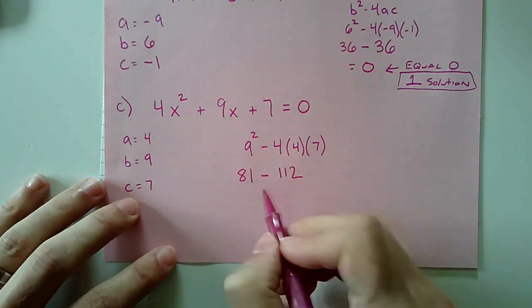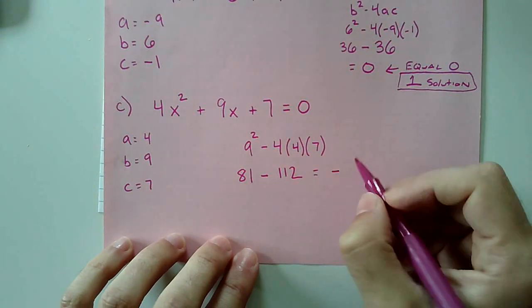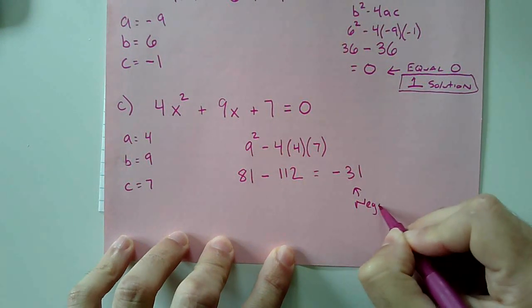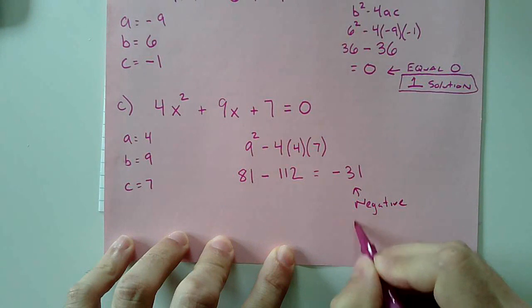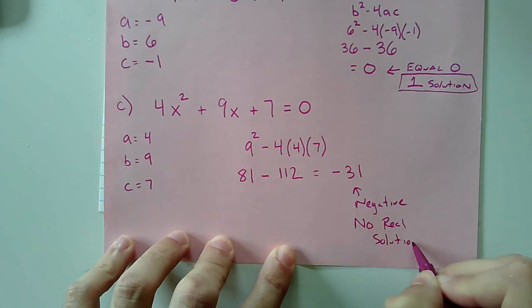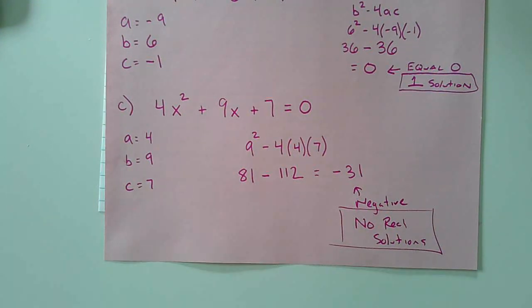Then we're going to subtract that. Now, think about this. 81 minus 112 is going to be a negative number, and that's the key here. When we have a negative number, so negative 31, that means there are no real solutions. So we have no solutions there. That means there are no x-intercepts for that quadratic.